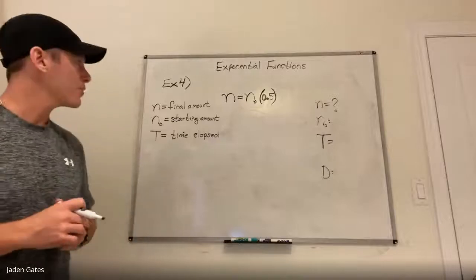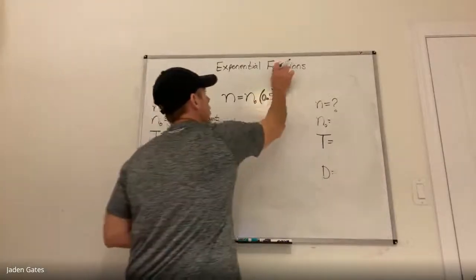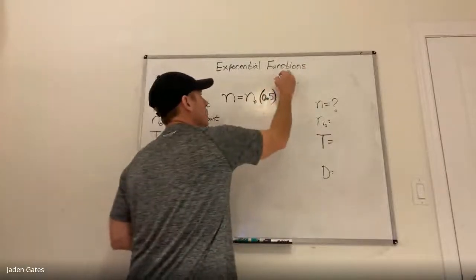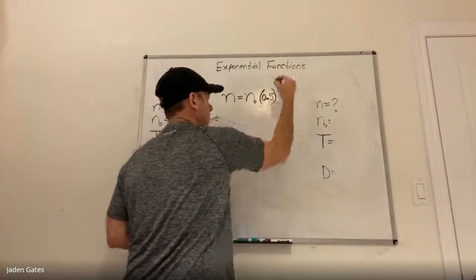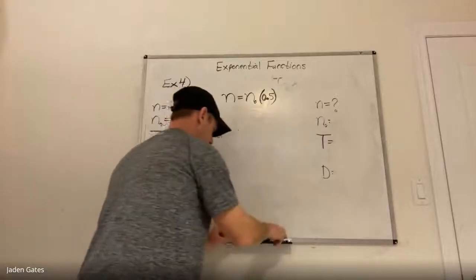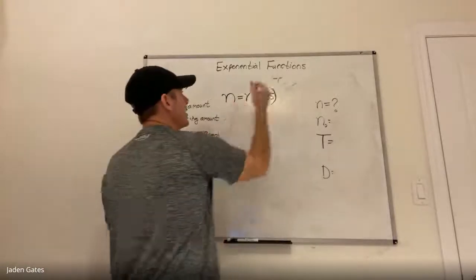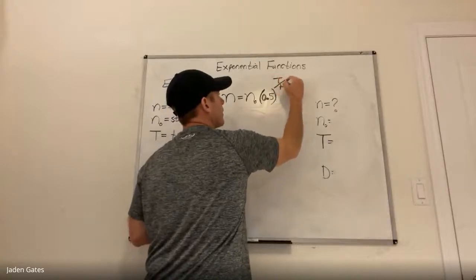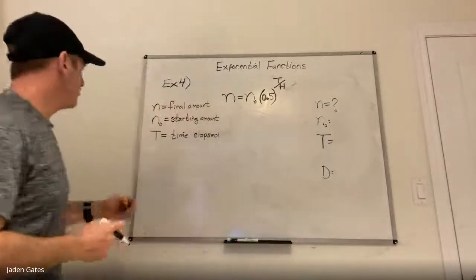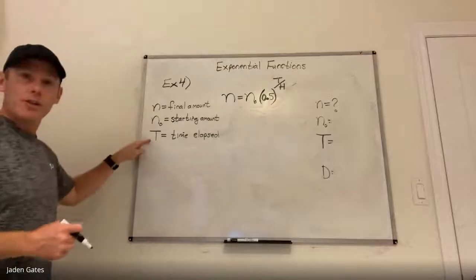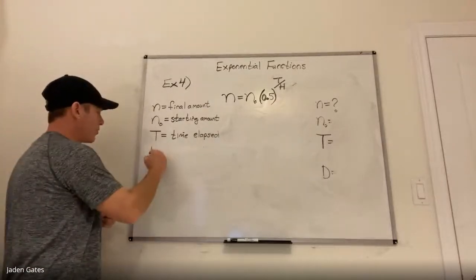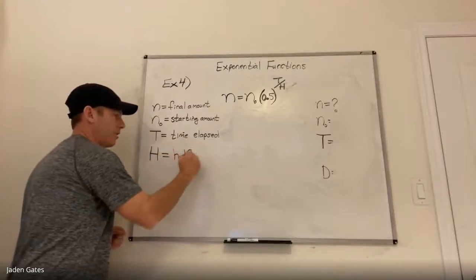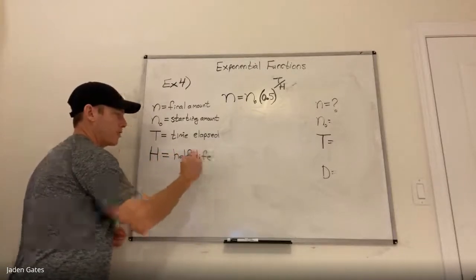You're losing 50%. And our exponent here, instead of being T over D, we're going to have T over H. And so now, the T is still the time elapsed, but now we're looking at what's called the half-life of the material, or the half-life of the population.